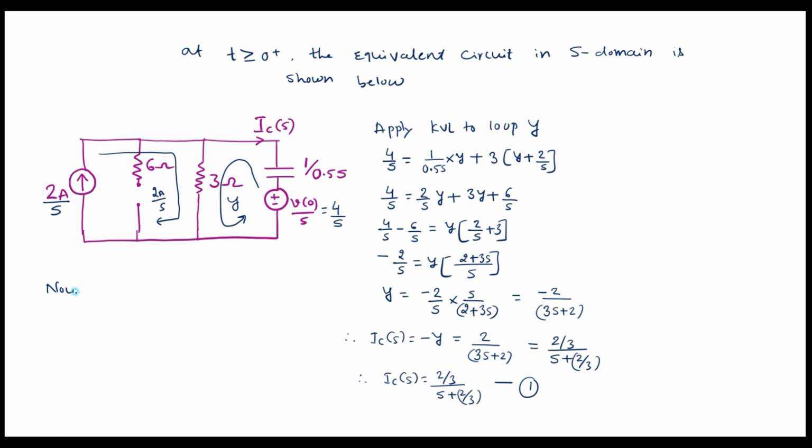Now, taking the inverse Laplace transform of equation 1, we can write IC of t is equal to 2 by 3, and 1 upon s plus a is nothing but e power minus at, that is e power minus 2 by 3 u of t.